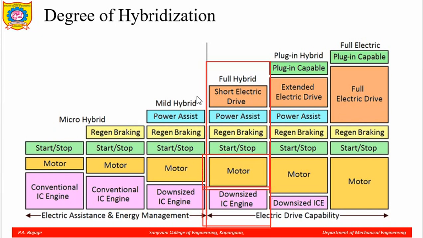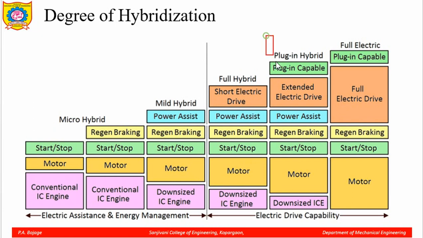With the help of that, you have all these other facilities, means the regenerative braking wherein you can extract power, power assist and short electric drive, means the vehicle can run for 4 to 5 kilometers initially with the help of battery, and then it can use the engine. So in this case, it is having a powerful motor.